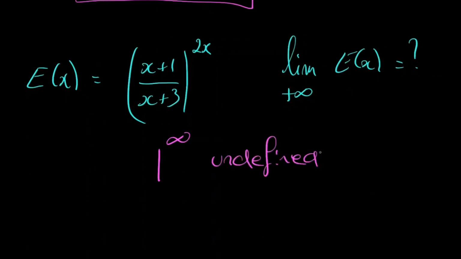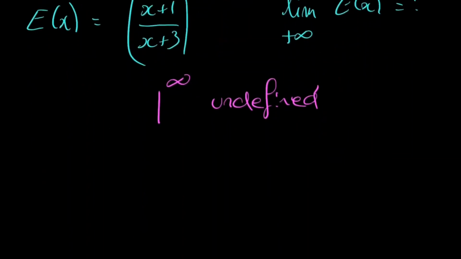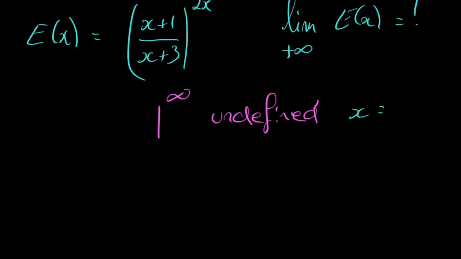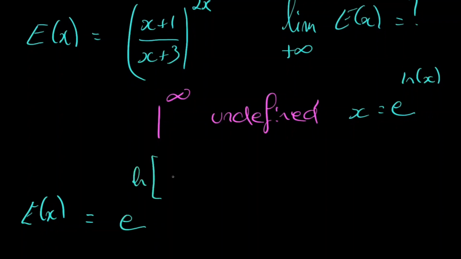So first, when you have things with exponents like that, what you want to do is to use the logarithm rules. Let's remember that x is equal to exponential of ln of x. When you know that, you can say that E of x is equal to exponential of logarithm of x plus 1 over x plus 3, to the 2x power.